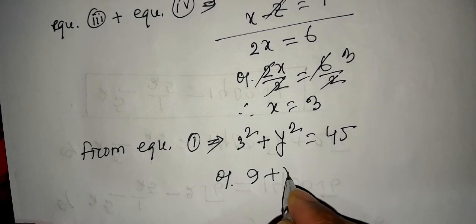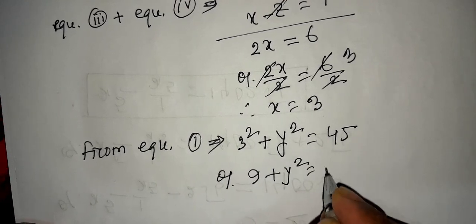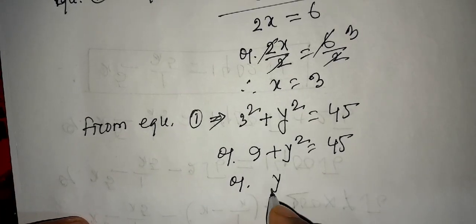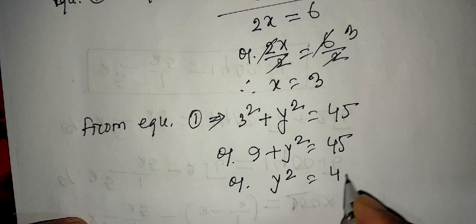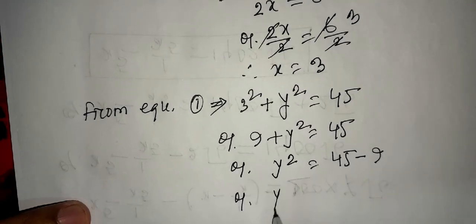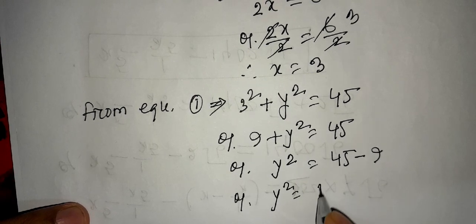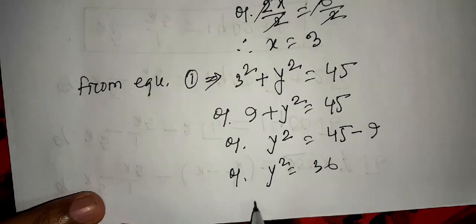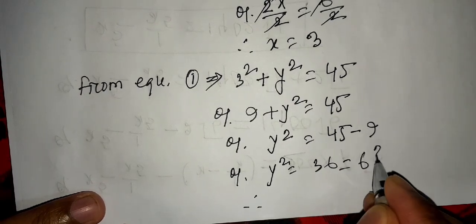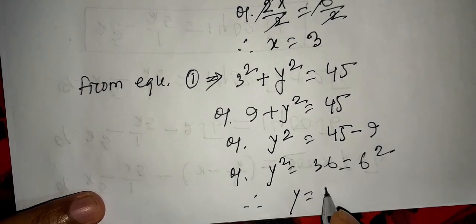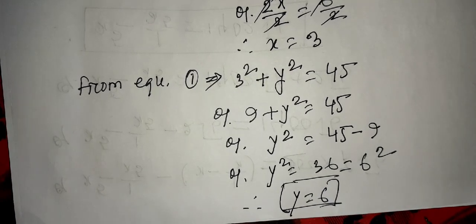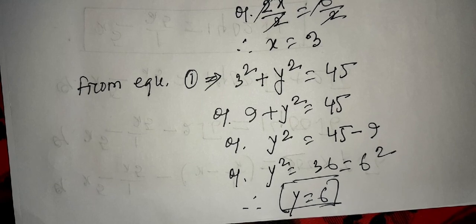So 9 plus y square equal to 45, and y square is equal to 45 minus 9, so y square equal to 36. 36 is equal to 6 square, so y equal to 6. This is the value of y.